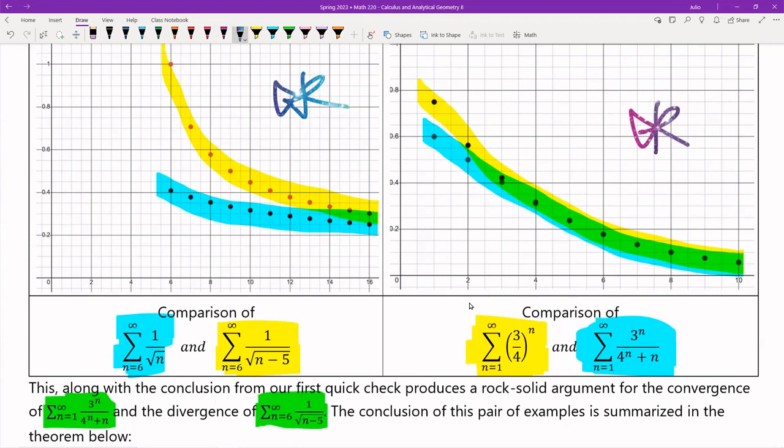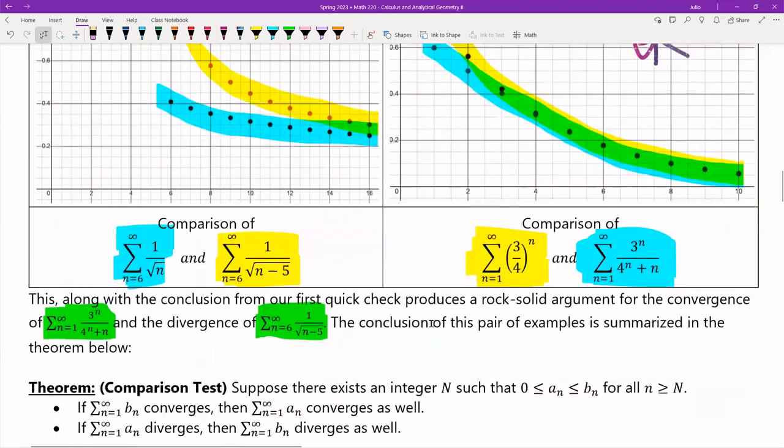That is our smaller series, and we're comparing it to a bigger series. In this case, the smaller series diverges, and the new summation is bigger, so that one must diverge. Since the smaller one diverges, the bigger one must also diverge. And in the other one, with the geometric series, since the bigger one converged, the smaller one must also converge.